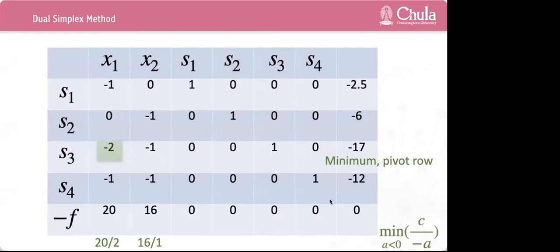Okay, so then we add them to the table. The table is very similar to the simplex method. We put the coefficient of each variable. We have x1, x2, s1, s2, s3, s4, right? And we start from the basic variables here.